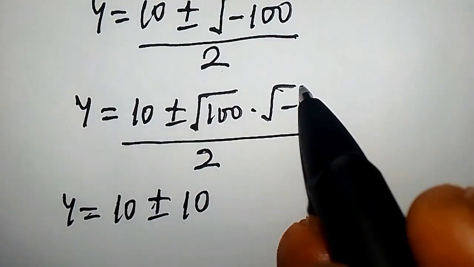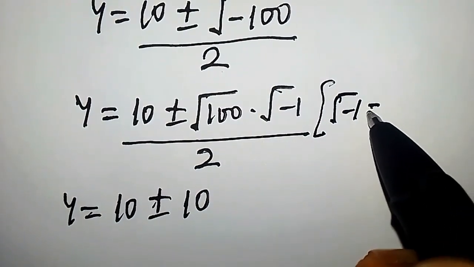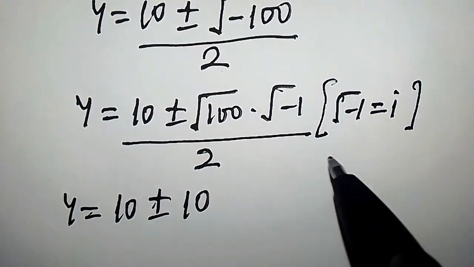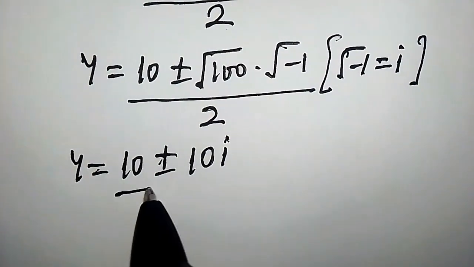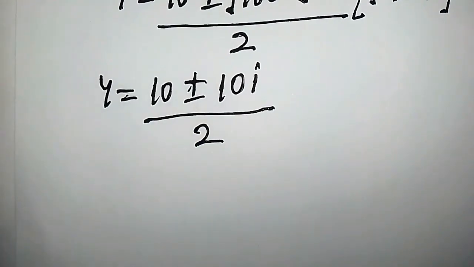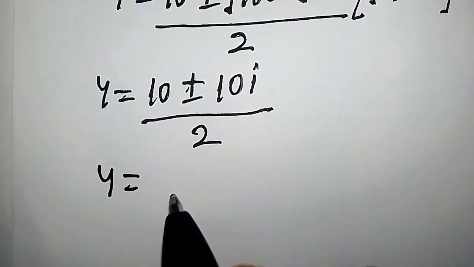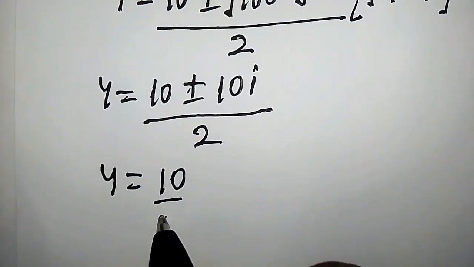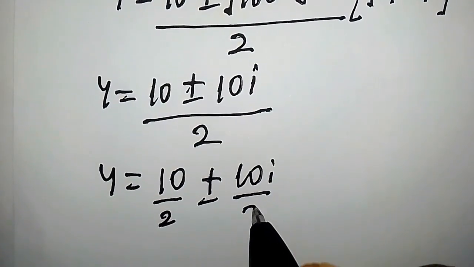Don't forget, from complex numbers, the square root of minus 1 is the same thing as i. So this becomes i, divided by 2. Let's proceed further. Y is equal to, we can rewrite this as 10 divided by 2 plus or minus 10i divided by 2.